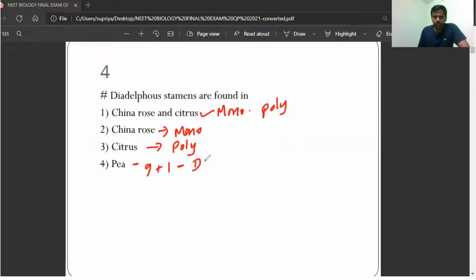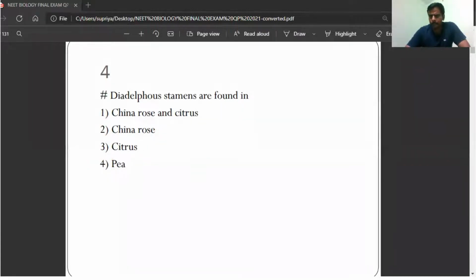So here didelphous condition, right? So the correct option for this is the fourth option. Didelphous stamens are found in pea, not in China rose and citrus. China rose and citrus are wrong. Then see the fifth question, question number 5.